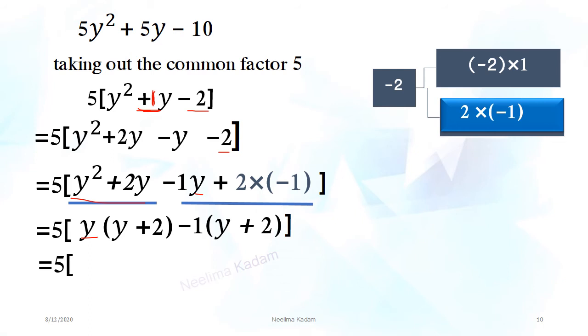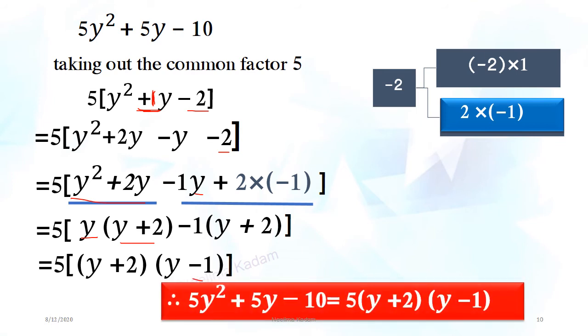Now this 5 will be as it is, into y plus 2 again common into y minus 1. So bracket completed. Therefore the factors of 5y square plus 5y minus 10 will be 5 into y plus 2 into y minus 1.